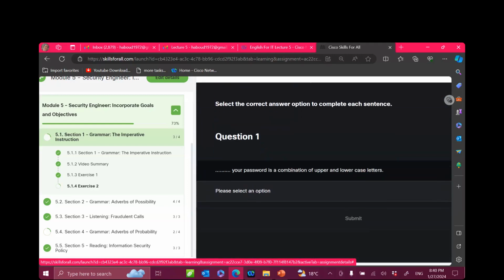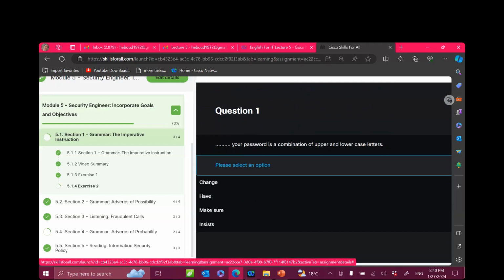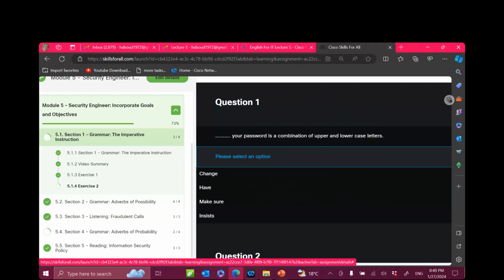Question number 1. Your password is a combination of upper and lowercase letters. Select. Do we say change your password or have your password or make sure your password is a combination or insists?